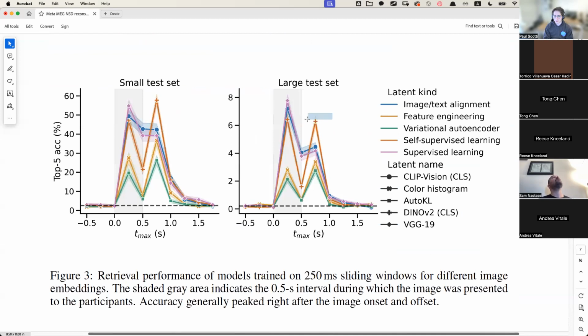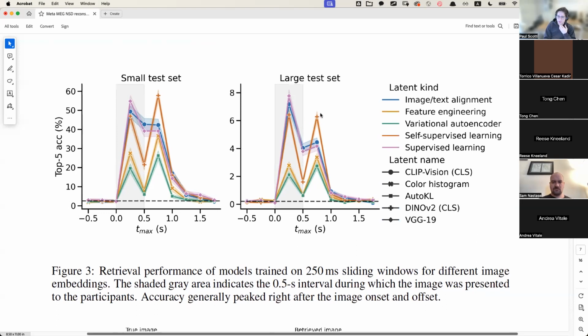I don't know, it doesn't seem to make sense to me why it could do just as well using the time window after the image leaves compared to when the image is visible. I wish that they discussed that more. It's also kind of interesting that DINOv2 specifically is the one that has the same level of performance for both.